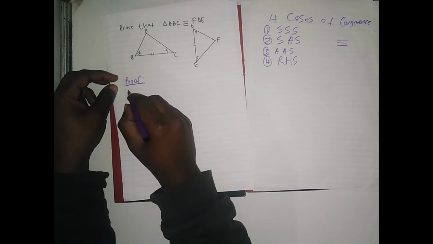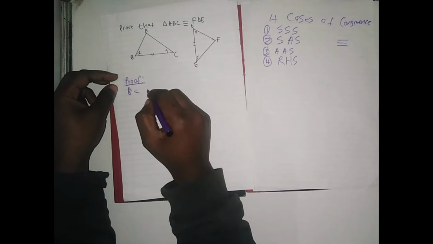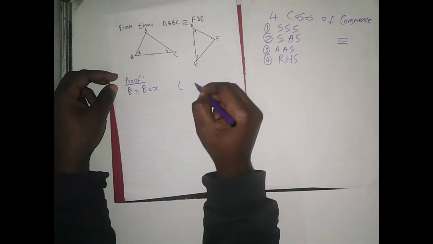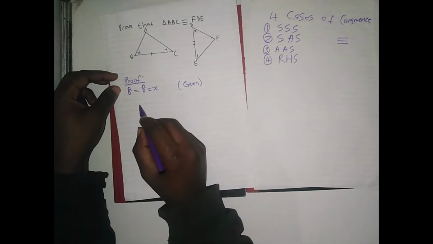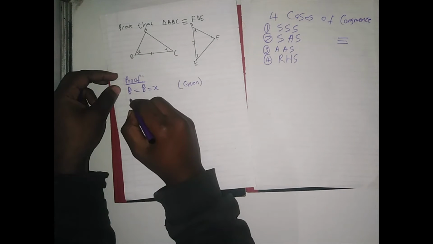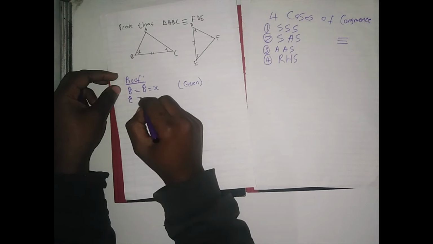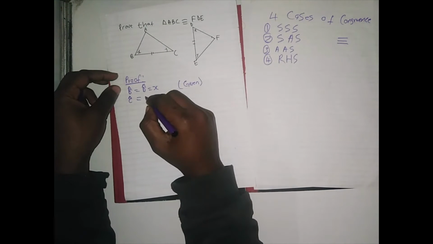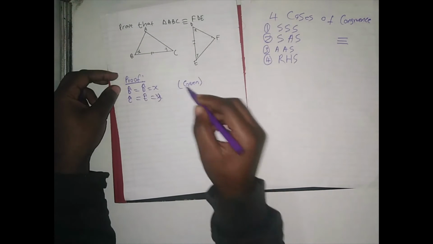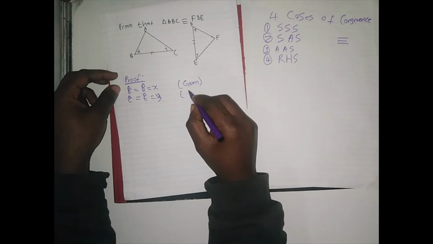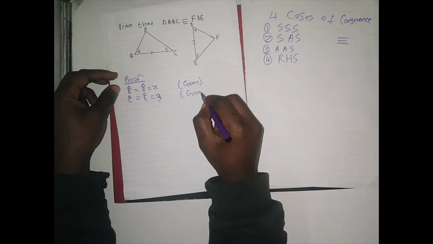So angle B is equal to angle D, and they are all x. Okay, and this is given. And then angle C is equal to angle E, and we are told that these are all y. It's y, not x. I'm talking nonsense now. So that is given.